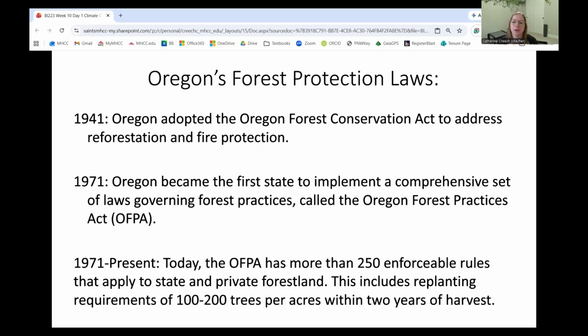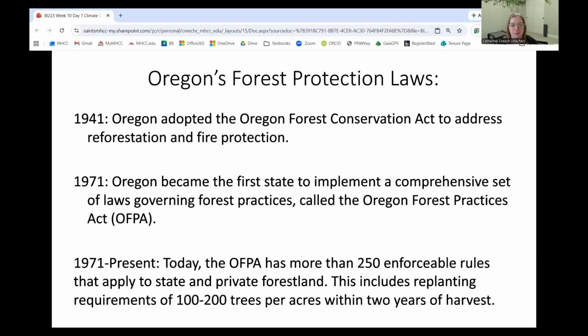It was called the Oregon Forest Practices Act, so the OFPA. Since 1971, the OFPA has more than 250 enforceable rules, and that applies to both state and private land, but there are separate rules for federal land. So private and state are under this guideline.